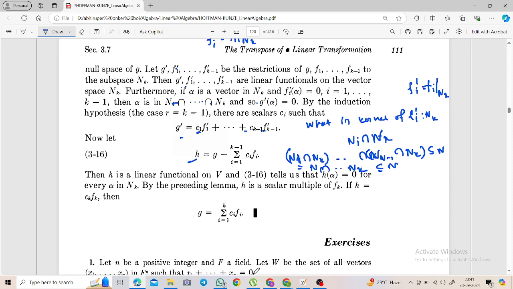See, h is 0 on Nk, right? This is clear, h is 0 on Nk, because h restricted to Nk is basically g prime minus the summation ci fi prime, right? Isn't it?